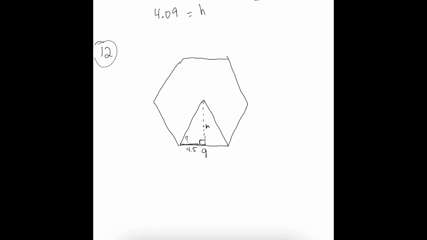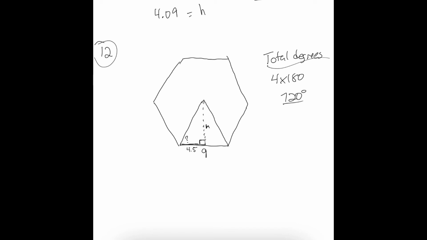So we're going to do total degrees first. And if you remember, for total degrees of a polygon, you take your number of sides, subtract 2, and multiply that times 180. That'll give us the total degrees. So our total degrees in a hexagon would be 4 times 180, and that's going to be 720 total degrees inside of our hexagon.